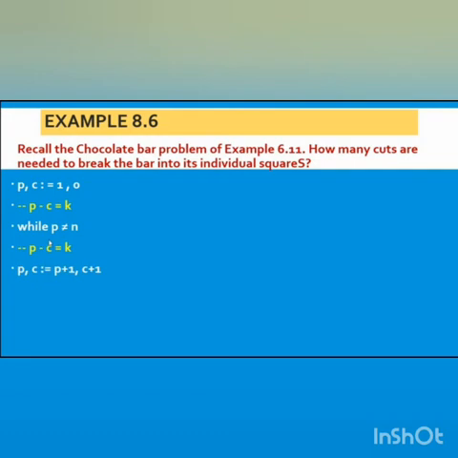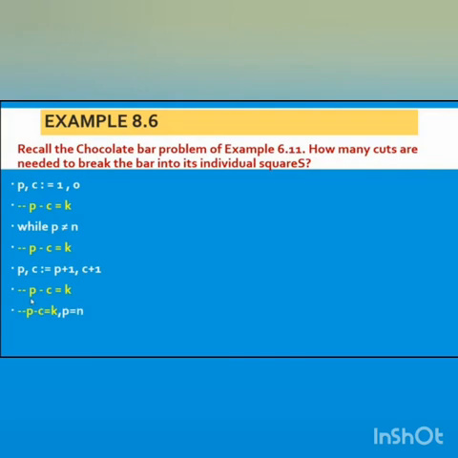Then the c value is 0, so 0 plus 1 is equal to 1. Now, the p value is 2 and c value is 1. Then again I have to check the condition p minus c = K. Now p is 2 and c is 1, so 2 minus 1 is equal to 1. Yes, the condition is true here.